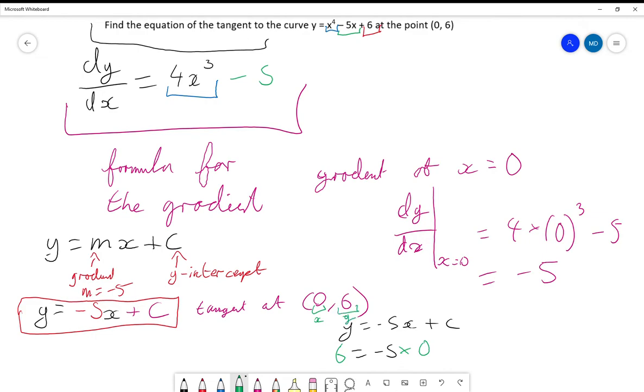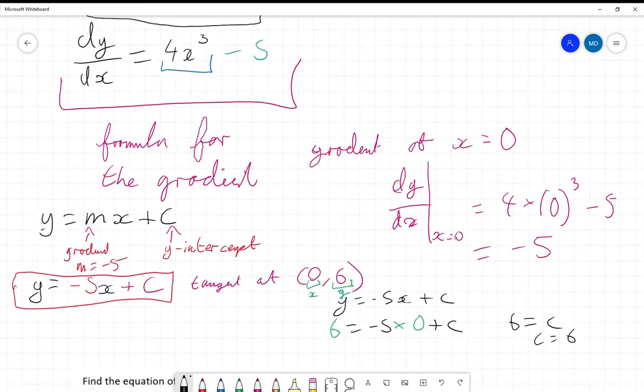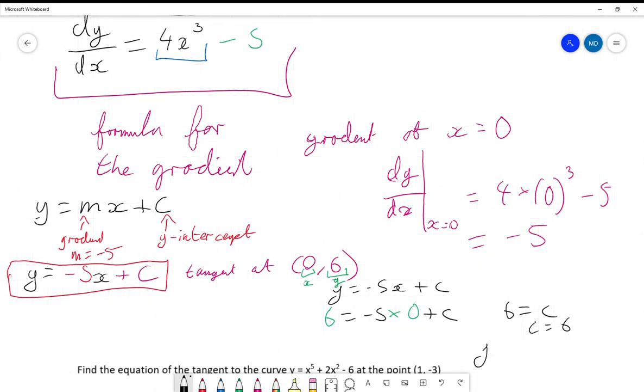So I'll just plug those in, plus c, and simplifying that, we get 6 equals c, which means that c equals 6. And then we have our final answer of y equals minus 5x, which was from our gradient, this was from the dy by dx, plus the 6, which is from putting in the point.